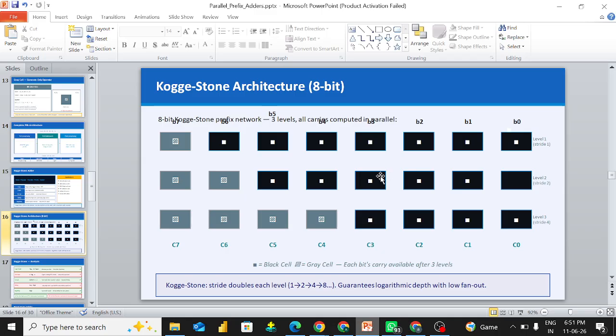It adds bit 0 and 1 into one box, bit 2 and 3 into another box, 4 and 5 into another box, and 6 and 7 into another box.